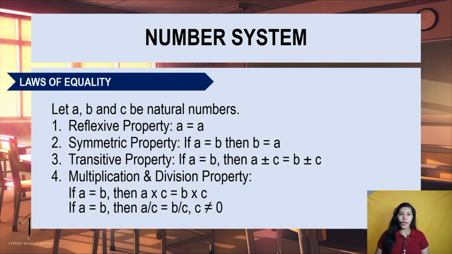So we have, if A is equal to B, then A multiplied by C is equal to B times C. Then also, if we have A equal to B, then A over C is equal to B over C, provided that C is not equal to 0.